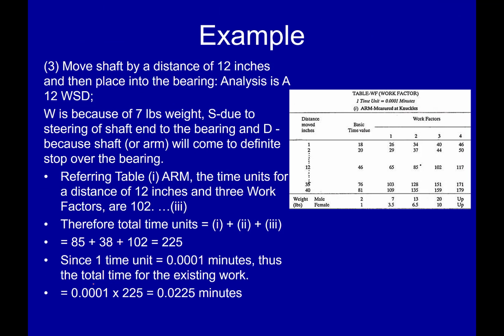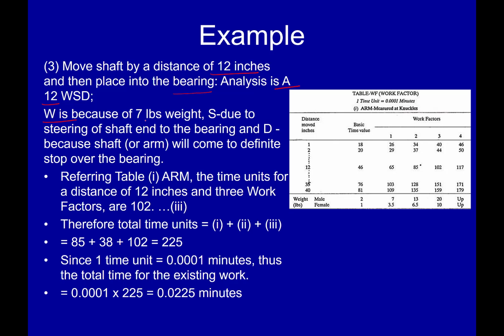Now we are at the last section. Once the shaft has been grasped by the hand, move the shaft by a distance of 12 inches, then place it into the bearing. This has to be analyzed as A, the arm travel of 12 inches like the earlier one.